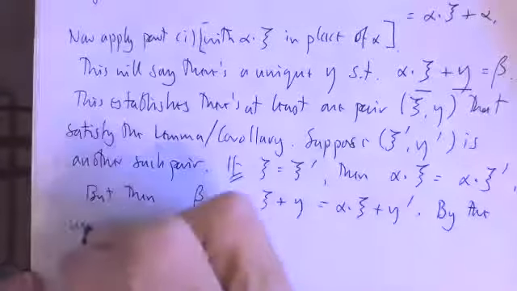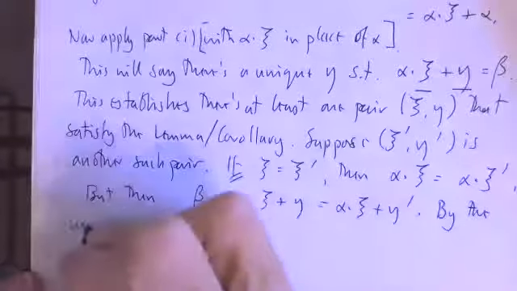So how can I express beta now? Beta is alpha times xi plus eta, because we suppose xi and eta are good. But this is less than alpha times xi plus alpha, because remember, eta is the remainder, right?